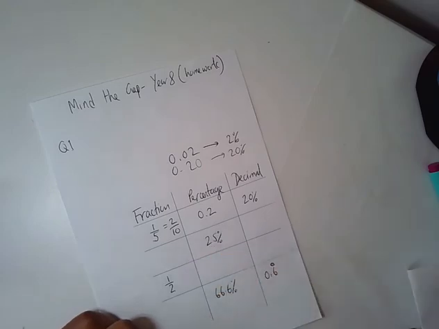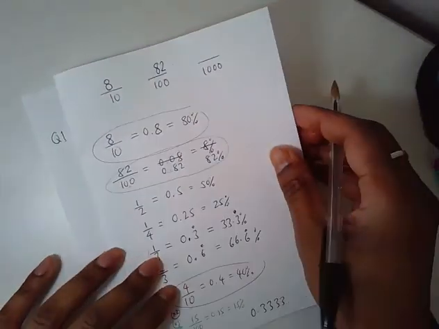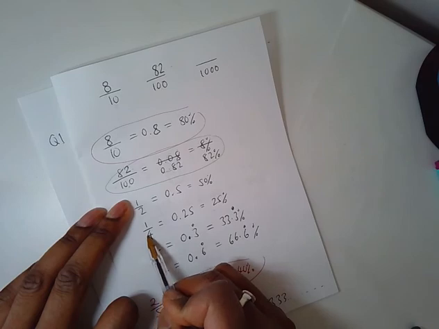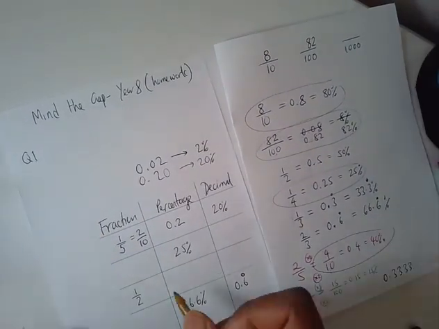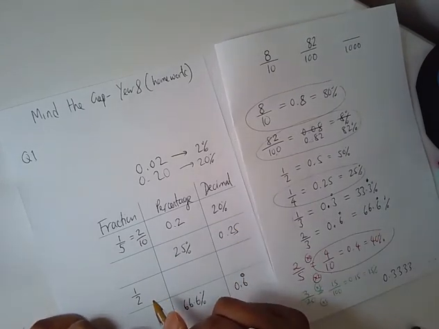Right, next one, 25%. We've seen that just a while ago. There you go, 25%, 0.25, a quarter. 25% as a decimal, 0.25, and that's a quarter.